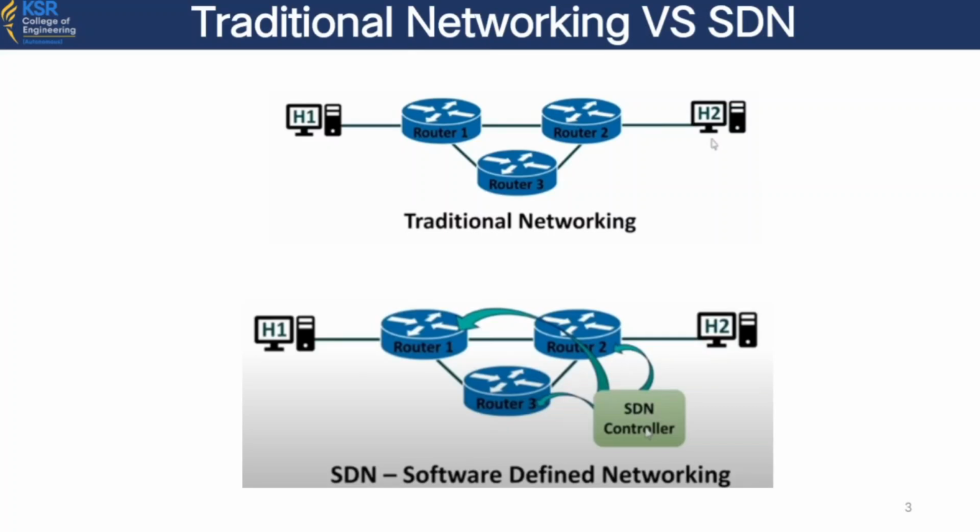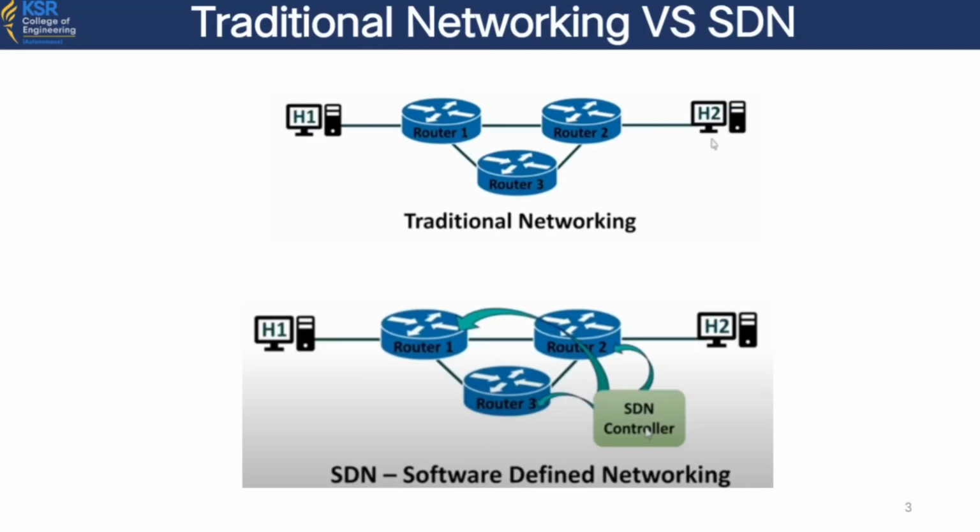Now let us see how things happen in SDN. The same network is there, but now we have an SDN controller. So in SDN networking there will be an SDN controller, and this SDN controller is connected with all the routers. Now the router does not have to decide whether to forward data to R2 or R3. Here the SDN controller will command the router whether to forward the data to router 2 or router 3.